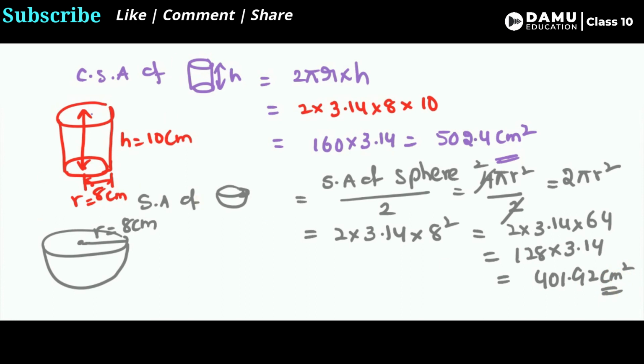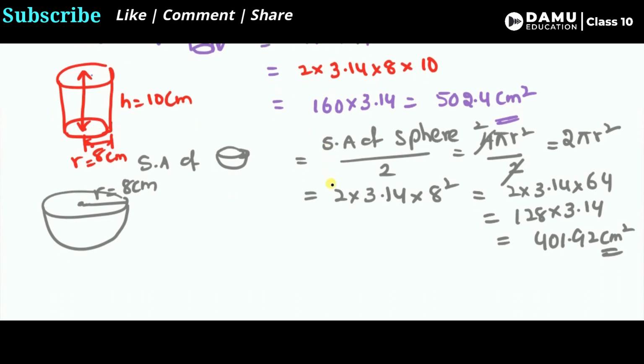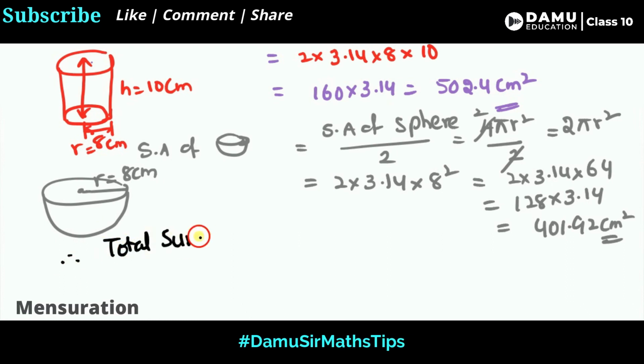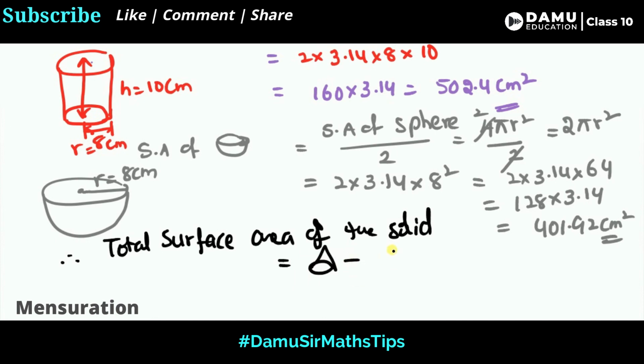Now we need to find the total surface area of the solid, so we need to add all these values. Therefore, the total surface area of the solid will be the curved surface area of the cone plus the cylinder curved surface area plus the hemisphere area.